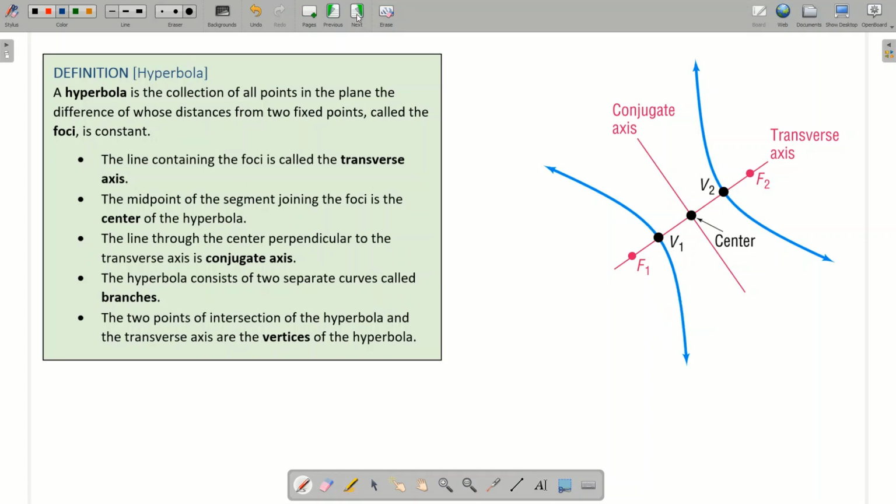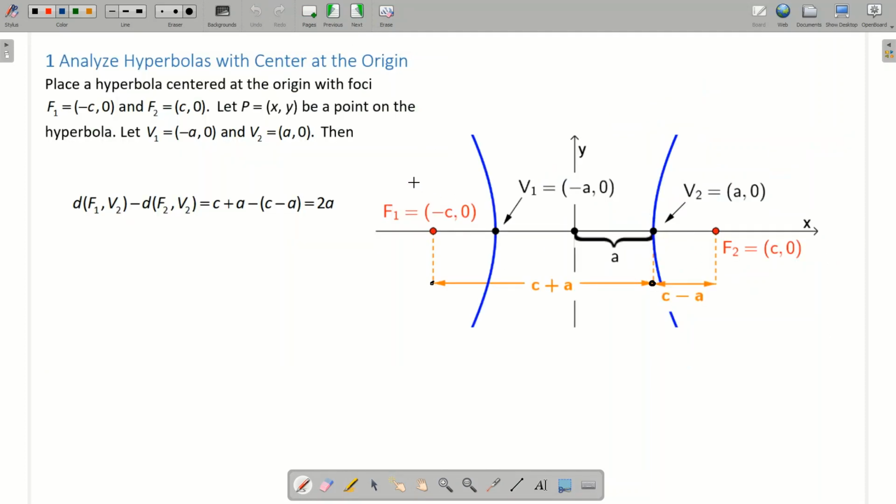Okay, so our goal is to come up with a formula for the hyperbola, but we need to get some notation before we do that. So the first thing that we're going to do is define the foci to be at (c, 0) and (−c, 0). So we're starting with the case of the center being at the origin. And basically what we're really saying here is that the distance from the center to the focus is c.